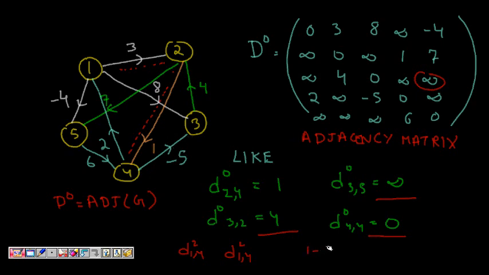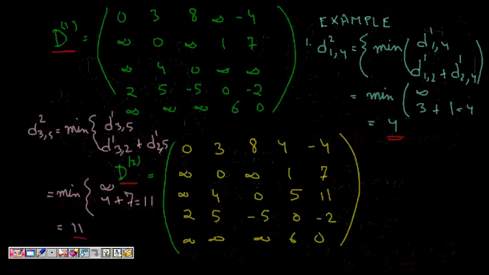So how much is that? 1 to 2 is 3 plus 2 to 5 is 7, 5 to 4 is 6 and 4 to 3 is minus 5. So it is 10 plus 6, 16, minus 5, 11.